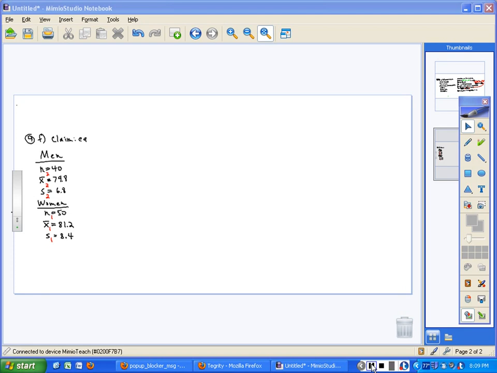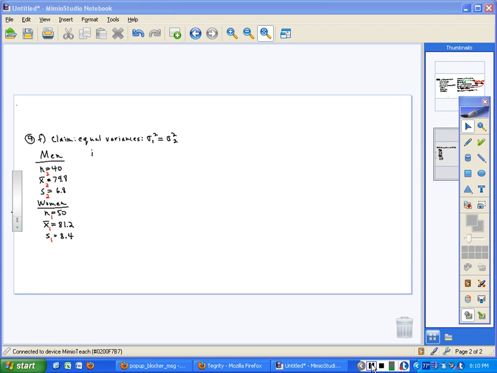is equal variances. The symbol for variance is the population symbol, because that's what we use when we're writing our claim, sigma squared. So it's going to be sigma 1 squared is equal to sigma 2 squared.